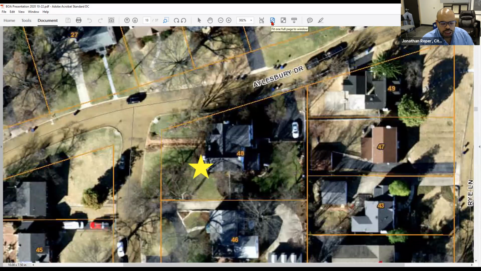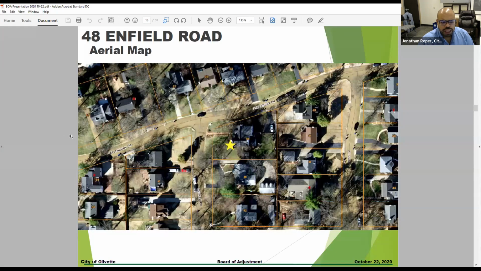And as you can see, where that white car is, that would be the rear yard. That's the general location of the detached garage over that off-street parking area there. And it also goes just into the grass a little bit.